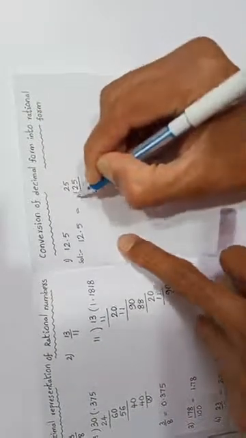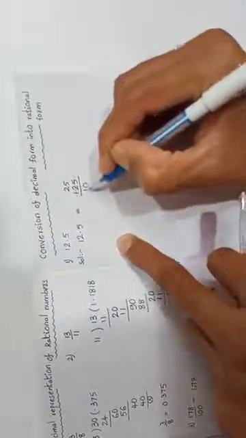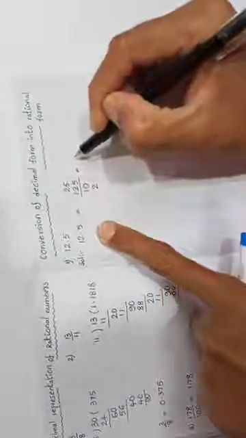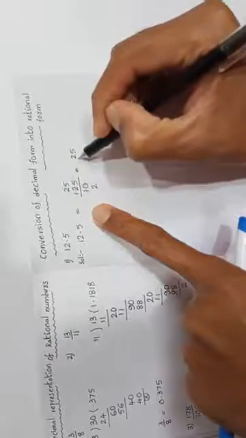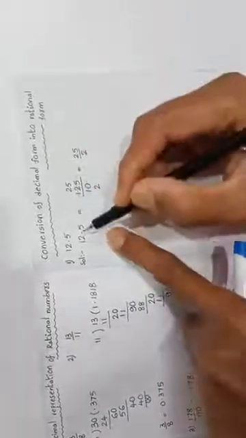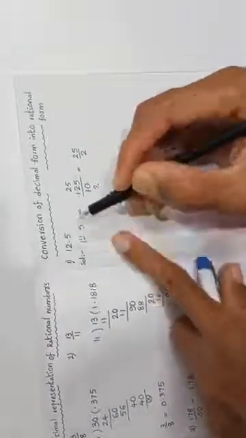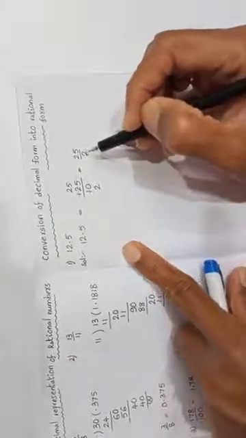So we get 25 by 2. Division of 25 by 2 is not possible, so 25 by 2 is the fractional, p by q form. So the rational form of 12.5 is 25 by 2.